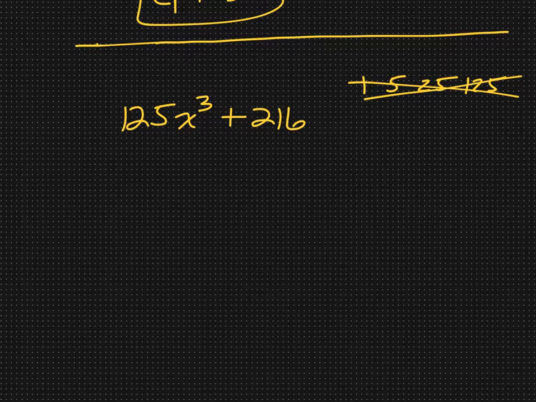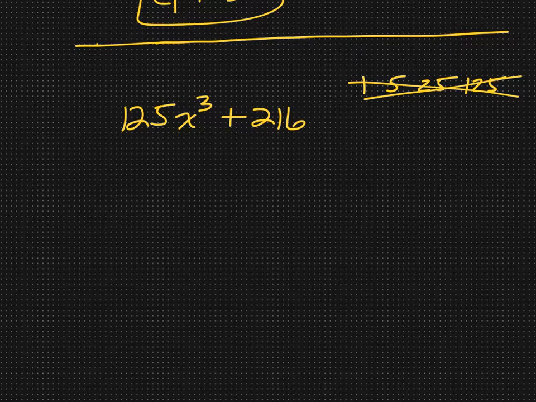So I'm going to count the number of terms. There are 2. But this is not the difference of two squares. It's not a difference, and those numbers are not square numbers. Okay, then I need to ask if it is the sum or difference of cubes.